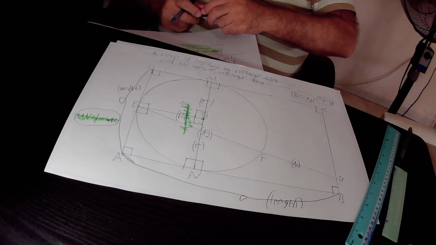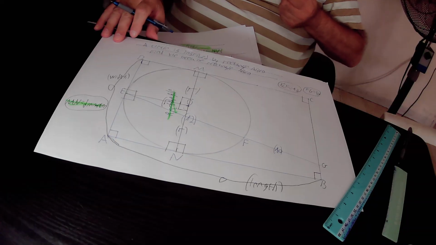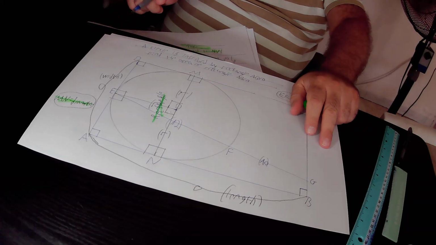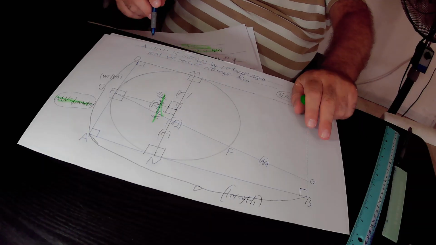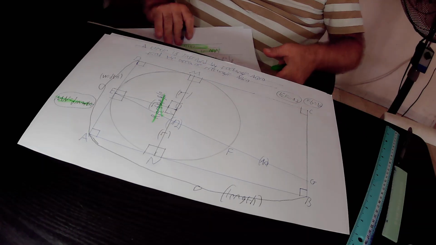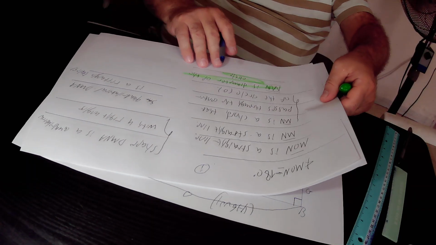But we also know that the opposite sides of a rectangle are equal to each other. So in the big rectangle DMNA, side MN must be equal to the opposite side DA. So write it down.